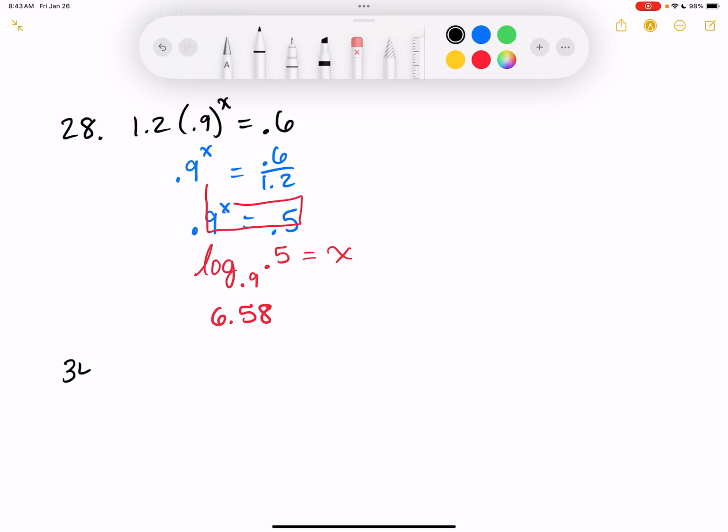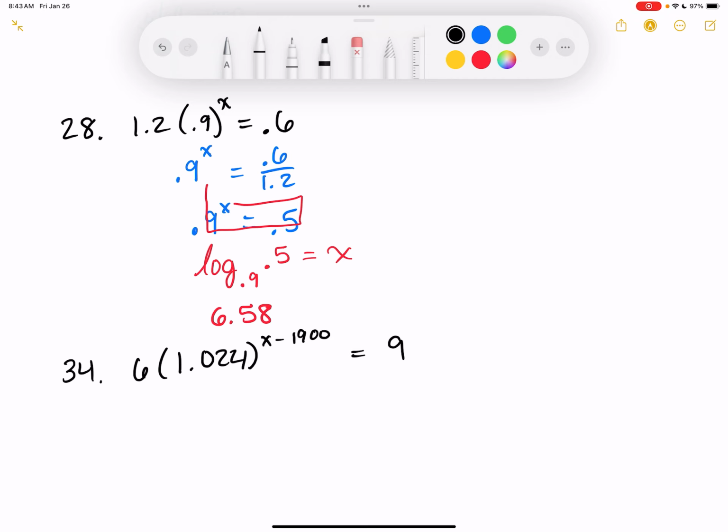34. 6 times 1.024 raised to the x minus 1900 equals 9. Any idea what I need to do first? 6 times 1.024. Well, I can't multiply 6 by that because it's being raised to a variable.